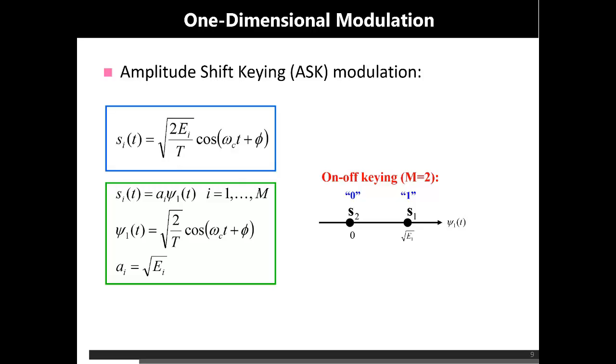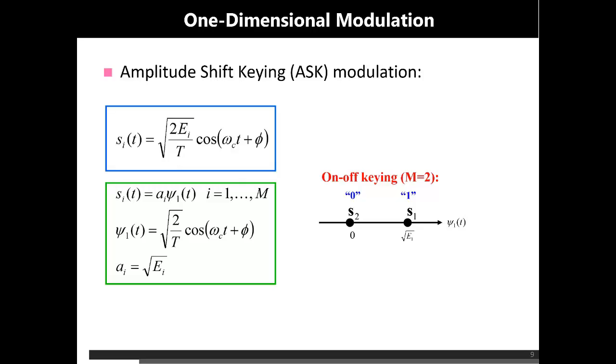The basic concept is the same: we are going to change or vary the amplitude of the carrier in accordance with the amplitude of the message signal, or the transmit waveform. As discussed earlier, we change one or more characteristics of the carrier. Here, because it is amplitude shift keying, we are going to change the amplitude of the carrier.